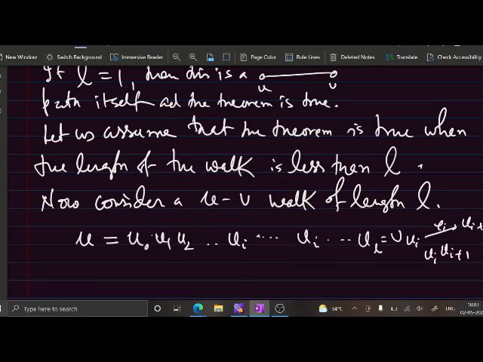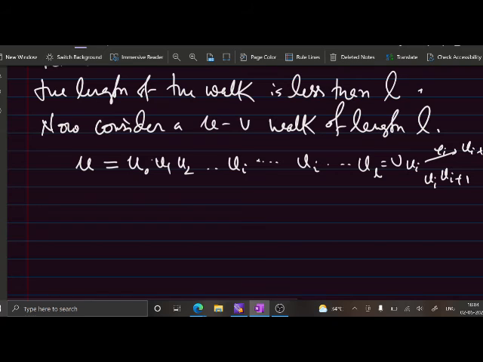So this is your V, right? Now in this walk, we have considered a repeated vertex which is Ui. There may be others, but for the time being we consider that this UV walk has the repeated vertex Ui.